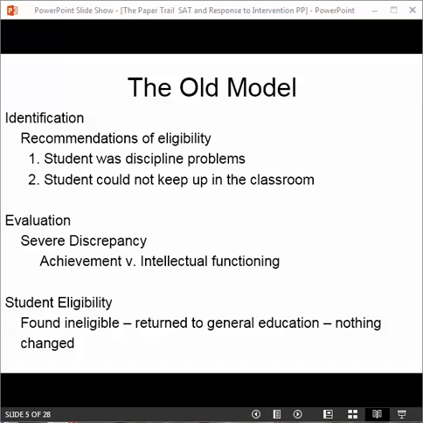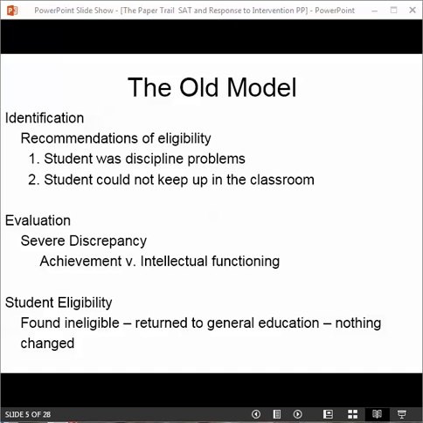If during the testing for a learning disability, it was found that there was not a severe discrepancy, this is the old model, between the achievement of the student and the intellectual ability of a student. For example, a student might be in first grade in their third month, and they may be functioning or reading like on a kindergarten level, only performing at kindergarten level. So if they were assessed or evaluated, their responses would be what a kindergartner would be giving.